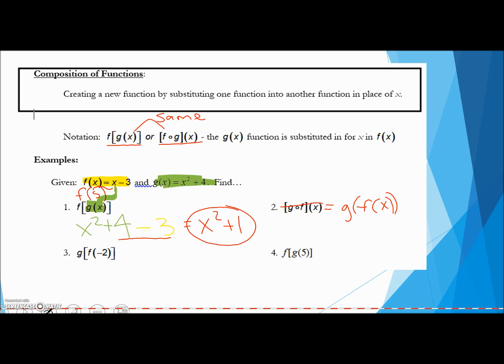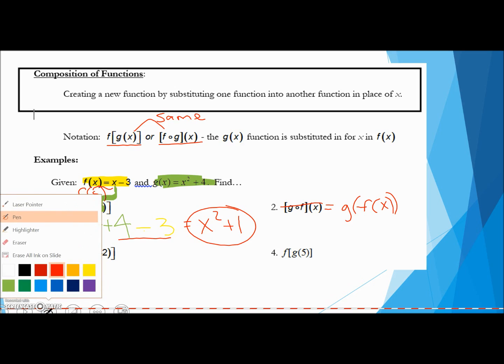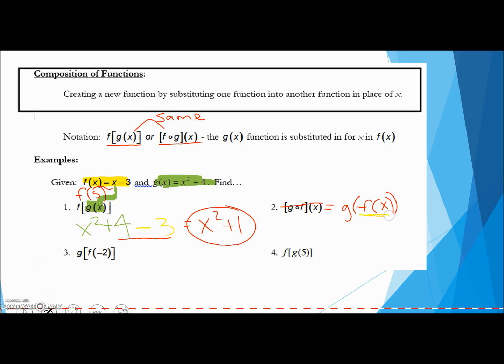And so this time, instead of plugging in a number or a variable in for g, what I'm doing is I'm plugging in f of x for it. And so f of x is x minus 3. So I'm taking that x minus 3 and I'm plugging it in to g, like this. I'm going to be taking that entire x minus 3 and plugging it in for the x right there.